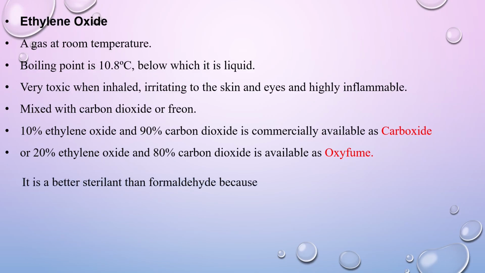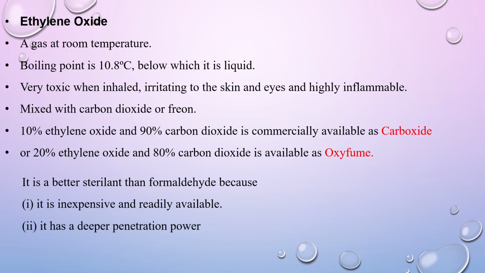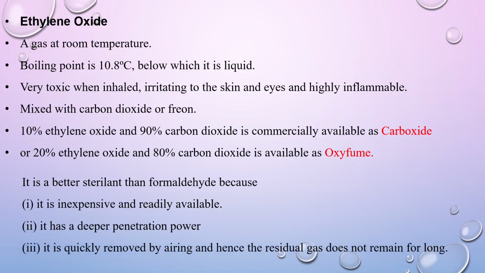It is a better sterilant than formaldehyde because it is inexpensive and readily available. It has a deeper penetration power and it is quickly removed by airing and hence the residual gas does not remain for long.